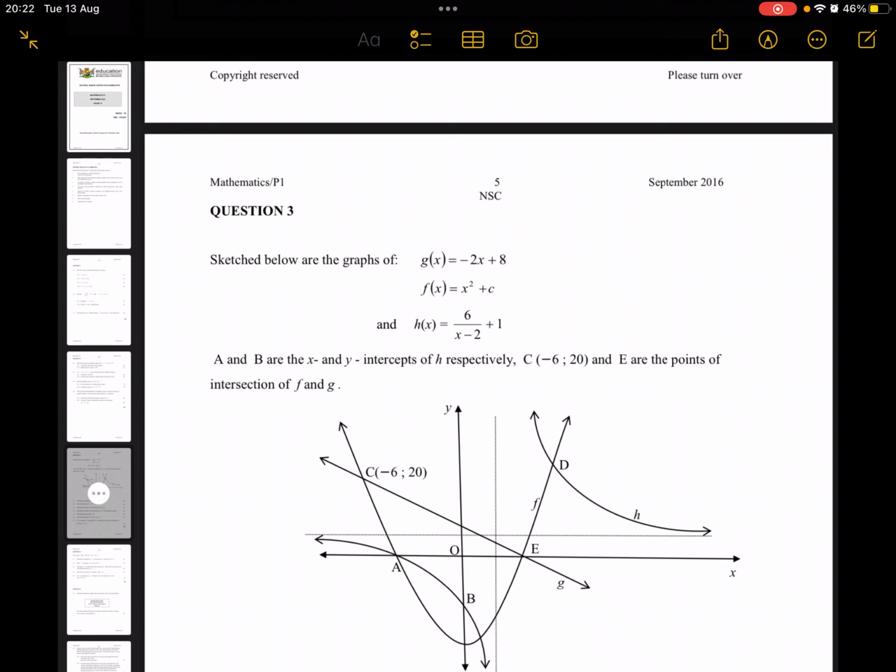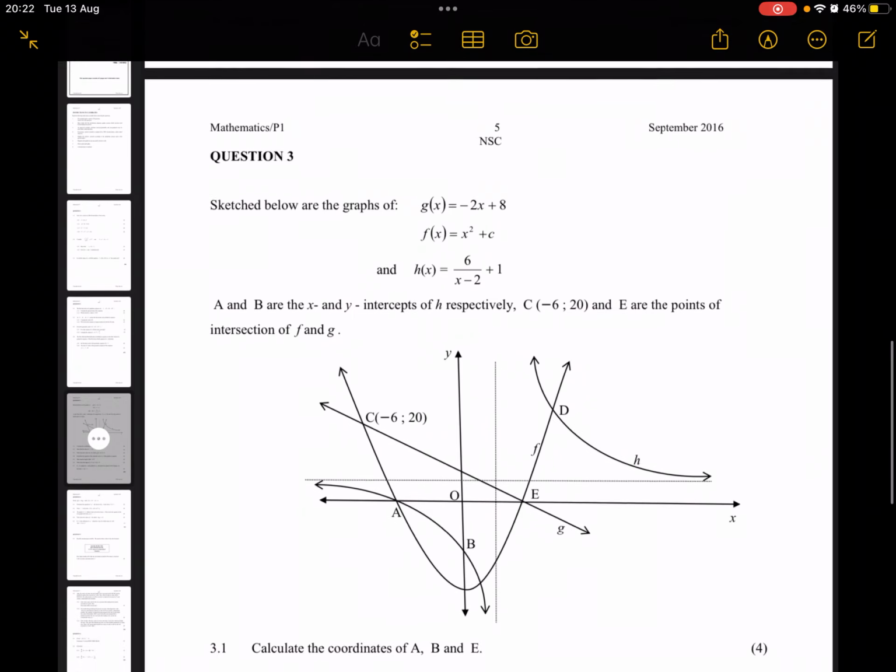Then f of x is equal to x squared plus c, which is a quadratic function, and h of x, which is equal to negative 6 over x minus 2 plus 1, which is a hyperbola. The points A and B are the x and y intercepts of h of x, and E are the points of intersection of f and g.